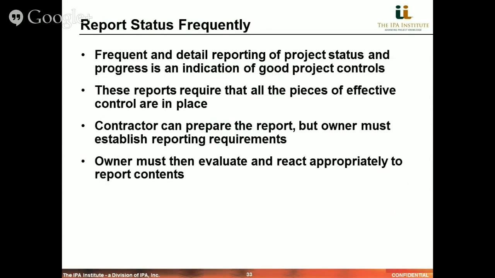Now, obviously, that frequency and detail is dependent on the size of the project and other factors, but what we're seeing across the industry is that frequent and detailed reporting is another indication of a good project control system.